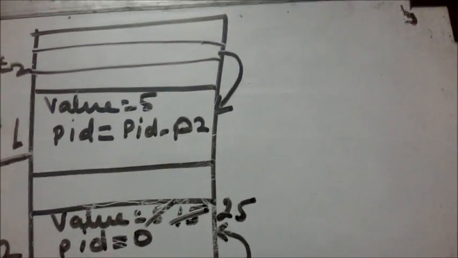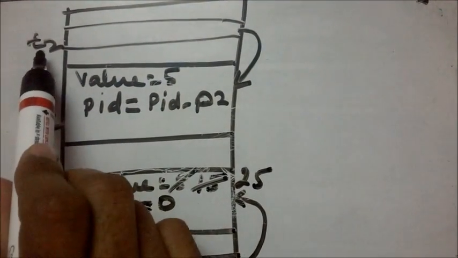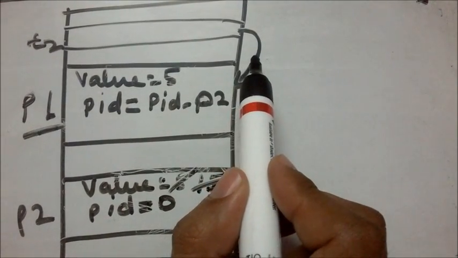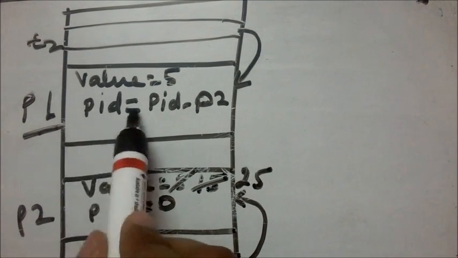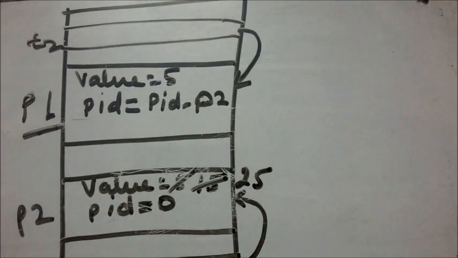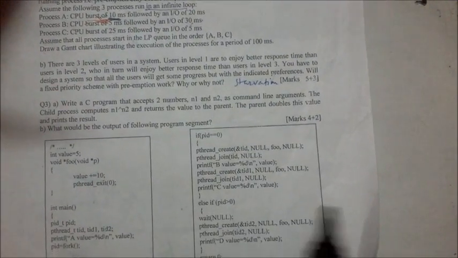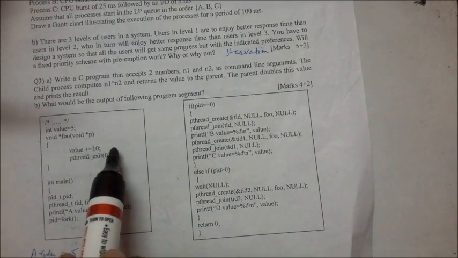So a thread T2 is created in the parent process, which is accessing the address space of parent process P1, and it is associated with the function foo, and in function foo value is equal to value plus 10.